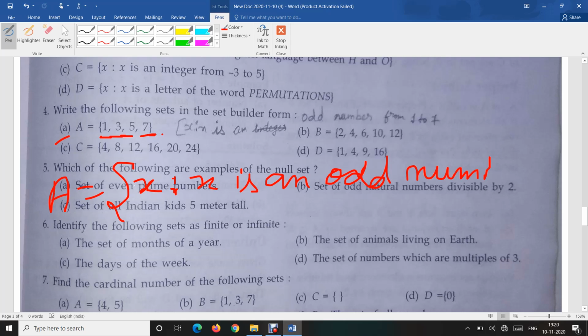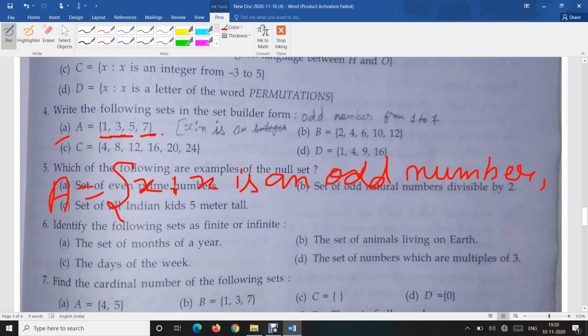But there is one condition. 9 is also an odd number, 11 is also an odd number, but neither 9 nor 11 is here. So we have to write one more condition to define x.